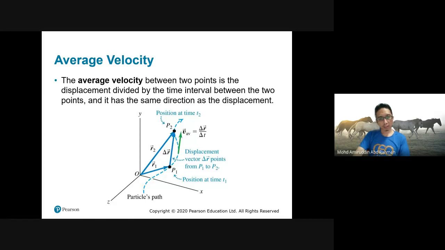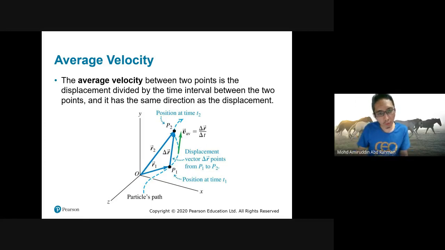Okay, let's say we look at an example. We want to define the average velocity between 2 points, which is the displacement divided by the time interval between the 2 points, and it has the same direction as the displacement.